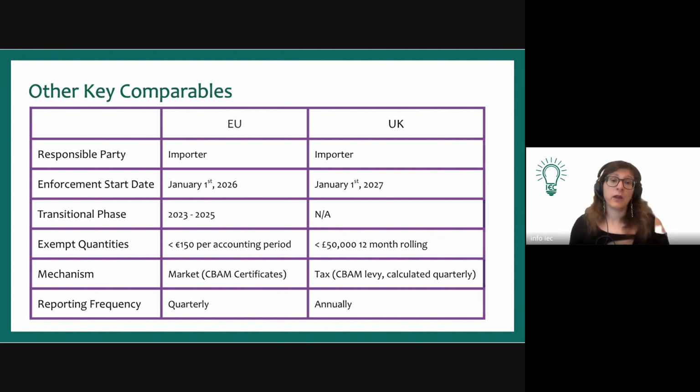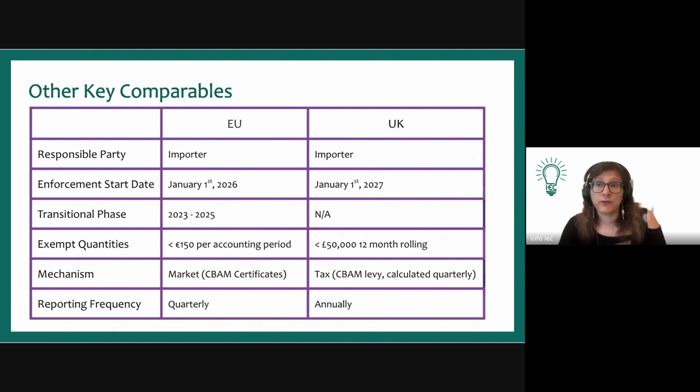Whereas in the EU, you will need to trade CBAM certificates, and CBAM certificates are linked to the emissions trading scheme, which means that their value varies. And so, particularly for larger importers, a trading strategy is going to be really, really important to decide what time of year you want to buy your CBAM certificates.